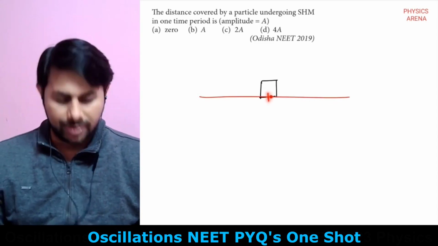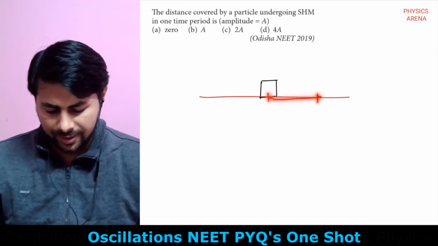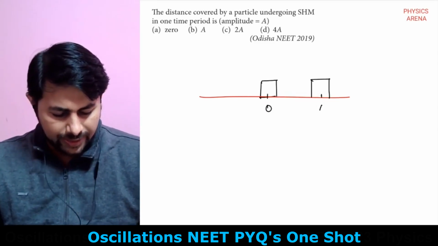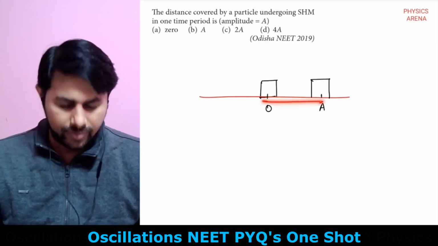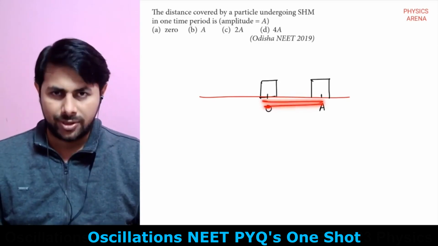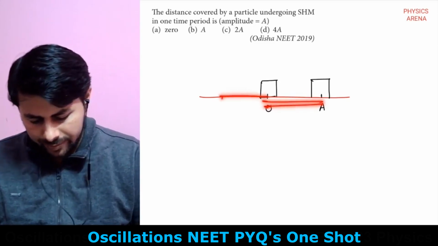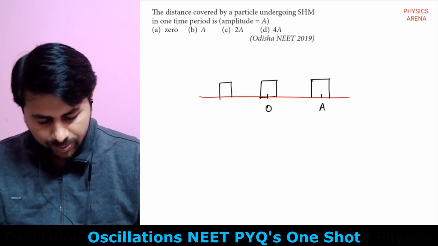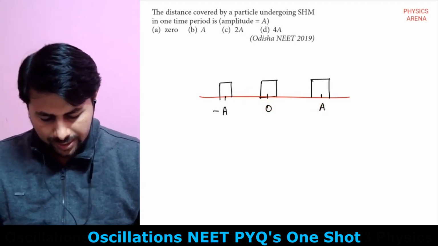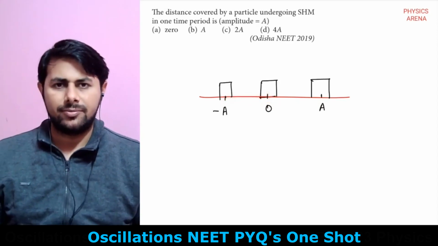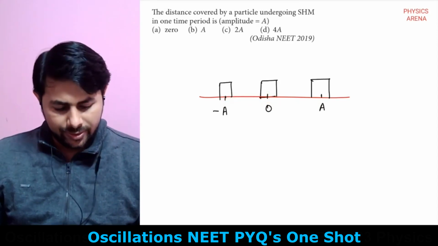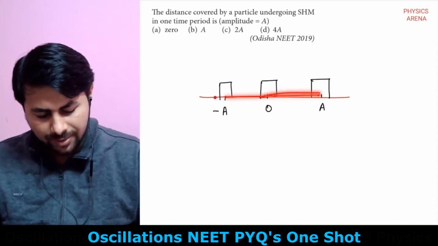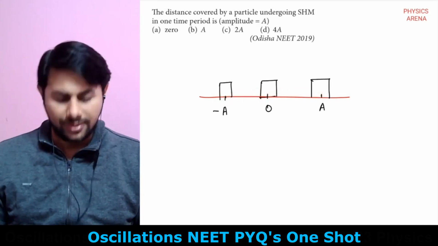It goes from this mean position to plus A, so 0 to plus A, then it comes back to 0, then it goes to this position minus A, now again it comes back to 0. So it is A plus A plus A plus A, 4A, right?